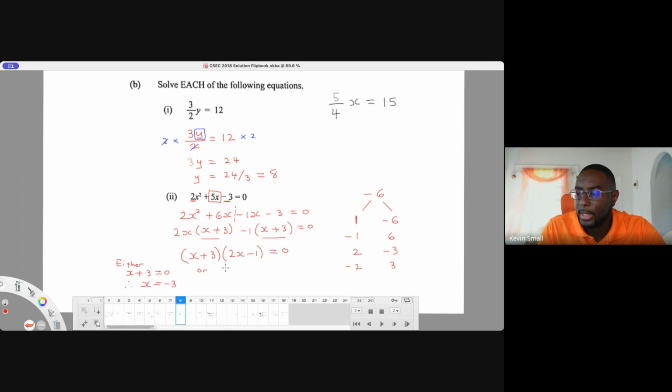And now the other situation is if the 2x minus 1 is equal to 0. If I carry over the 1, that will be 2x equals to 1. And therefore, x would have to be 1 divided by 2, which is a half, 0.5 or a half. Okay, Joseph, correct.